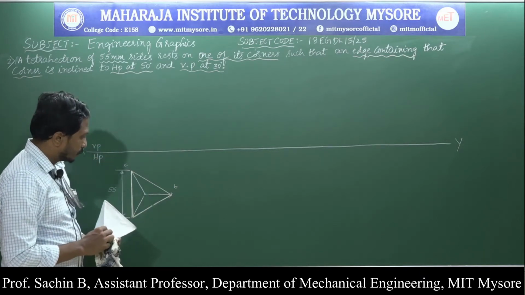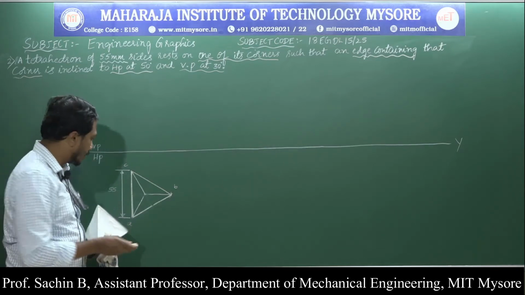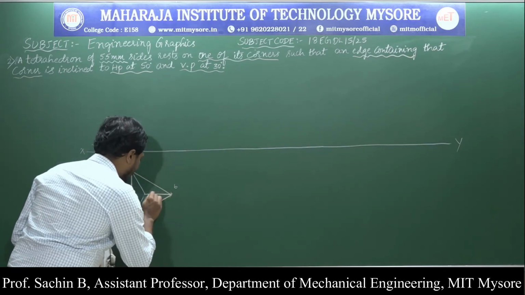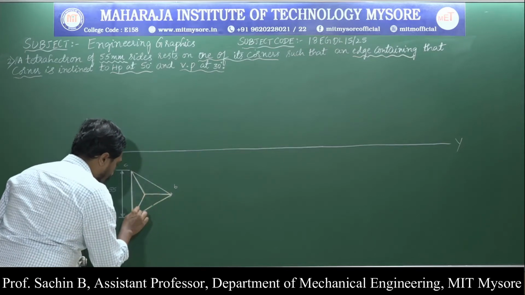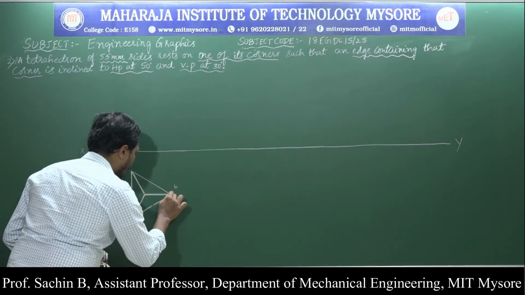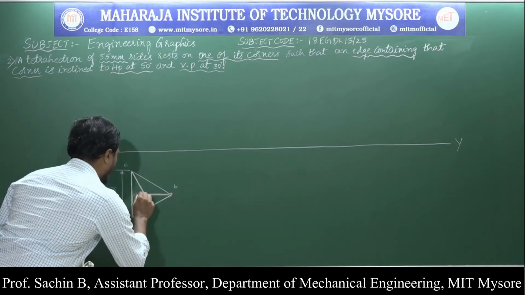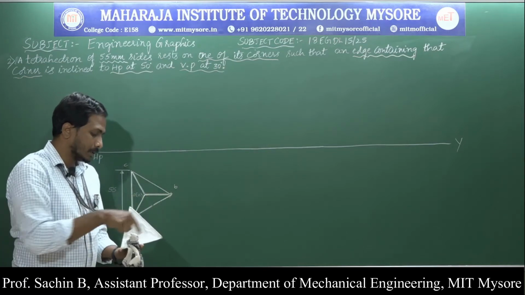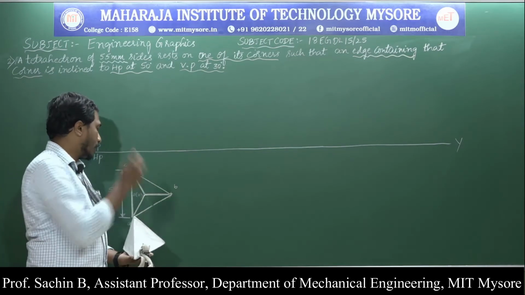Now from the top view, we can clearly see all the slant edges. I am making a thick line. Now I call this point O, O1. You can clearly observe from the top that the base part and the slant edges are visible. I have drawn that.